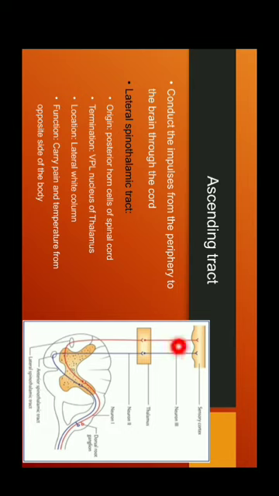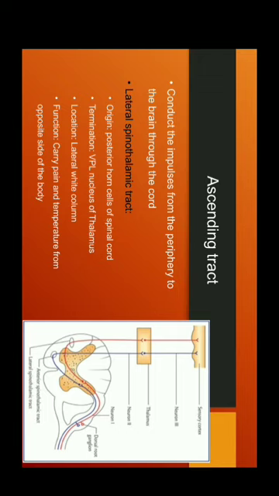As I said before, the thalamus is the relay center for all the sensory modalities. After relaying in the thalamus, the fibers ascend to the cortex, where areas 3, 1 and 2 are located, which is concerned with sensation. So this is about the lateral spinothalamic tract.